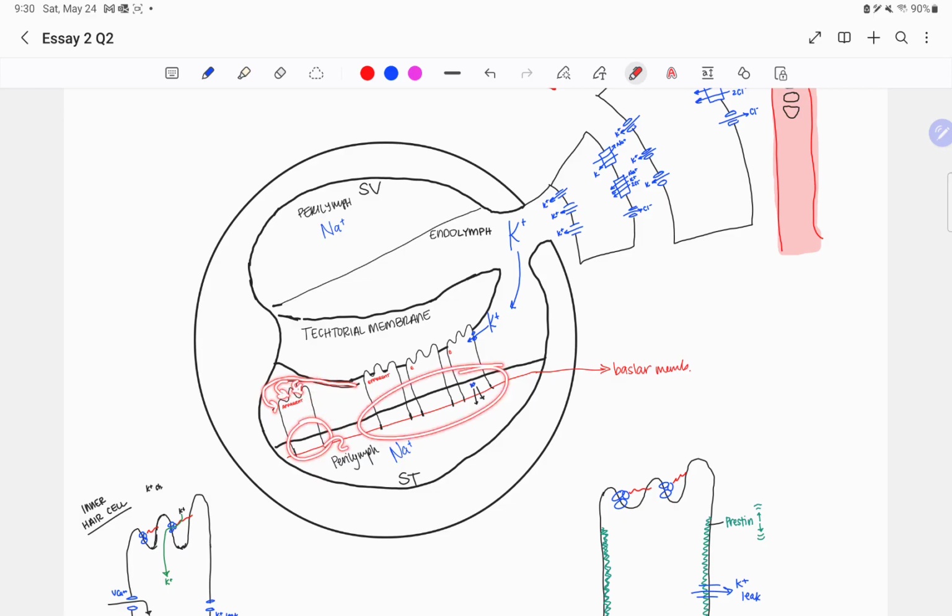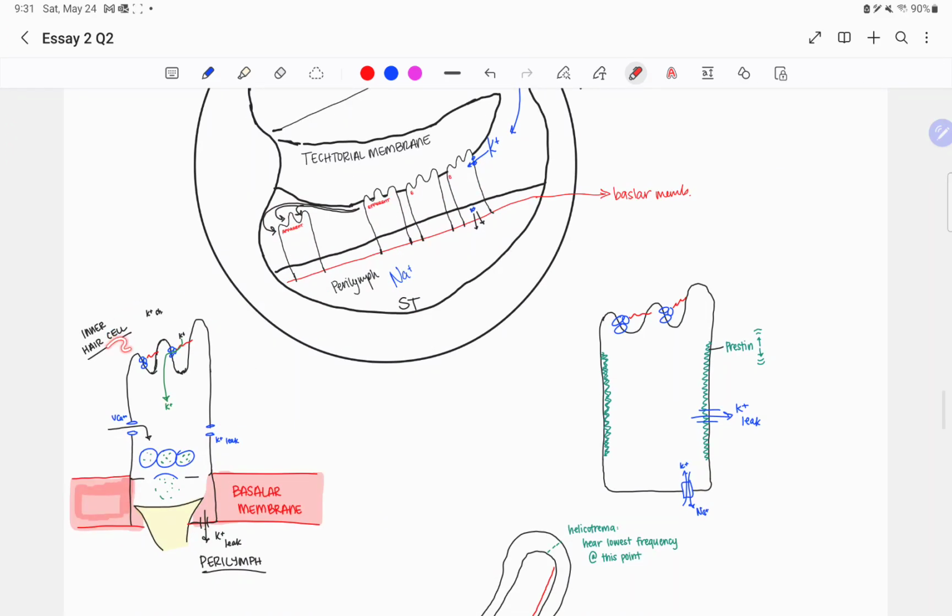These are the outer row of hairs. This is the inner row of hairs. Okay. So when this wave occurs, it bends the hairs on here. Okay. And then this inner hair cell interacts with a neuron right here.